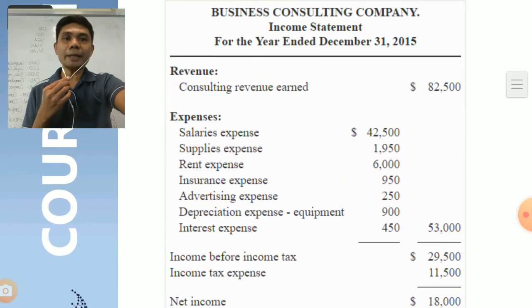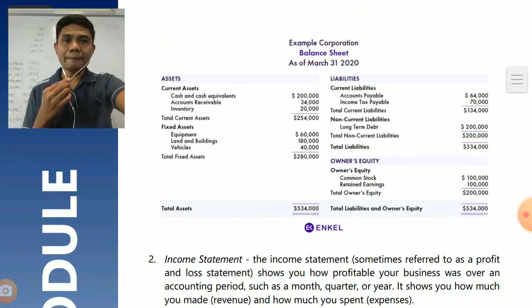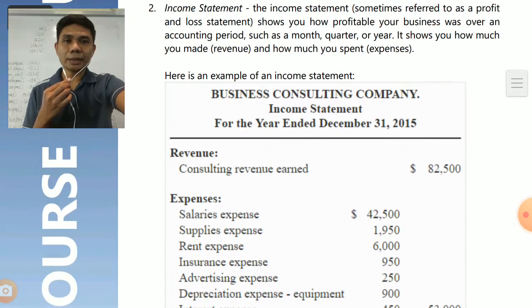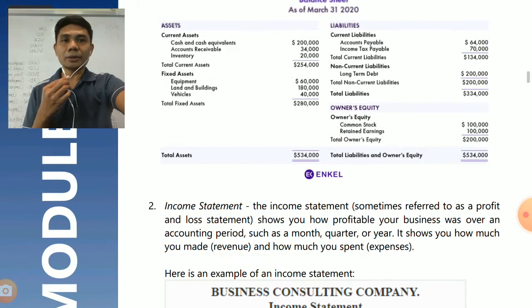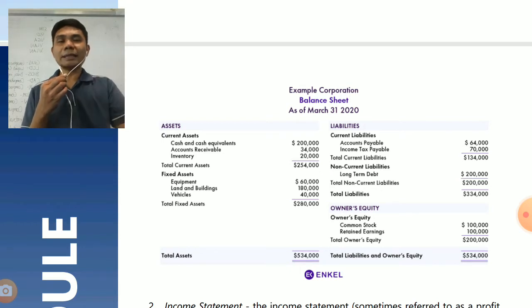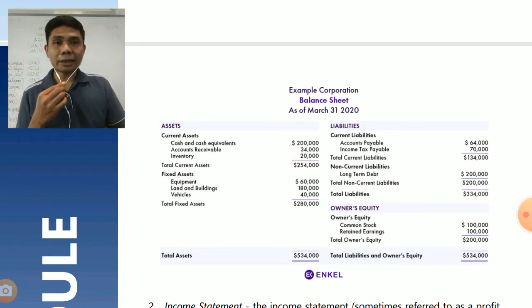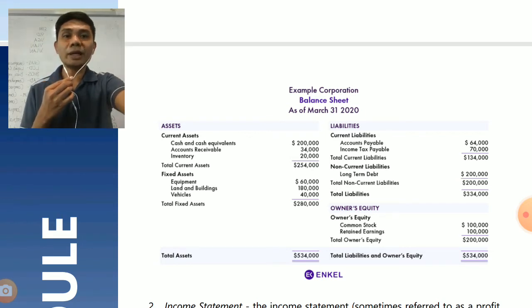So, familiarize unsa ang mga accounts nga makita nimo sa balance sheet versus sa mga accounts nga makita nimo sa income statement. So, sa balance sheet, makita nimo ang asset accounts, liabilities accounts, and the owner's equity account. So, under sa assets, naay specific account titles like cash, receivable, inventory, supplies, fixed asset, equipment, land, building.